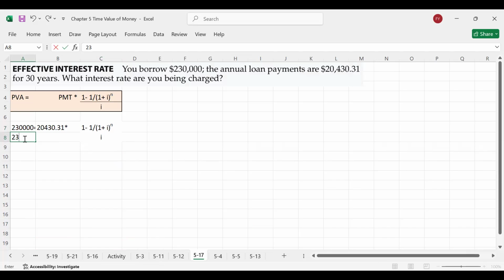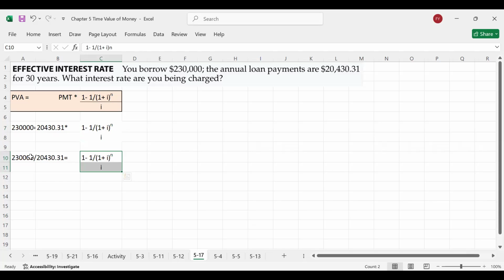So in the next step, 230,000 will be divided by PMT, which is 20430.31, and we have the factor in the next step, and we solve this. So the factor is 11.258.